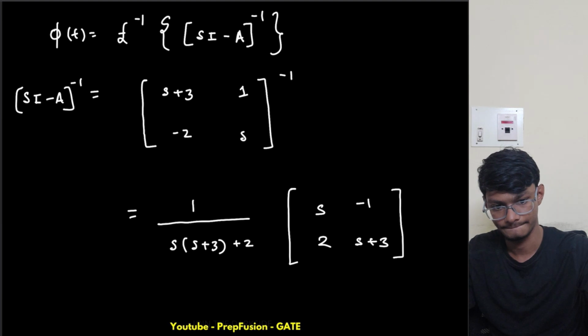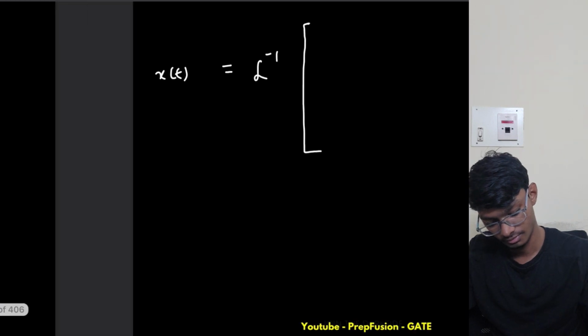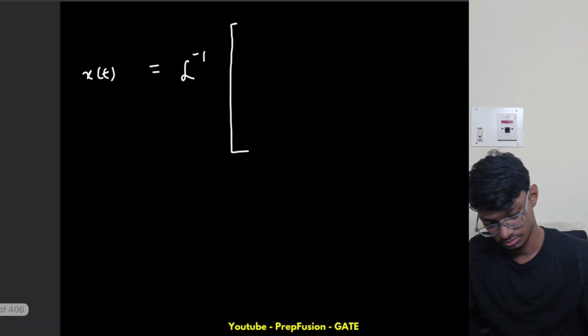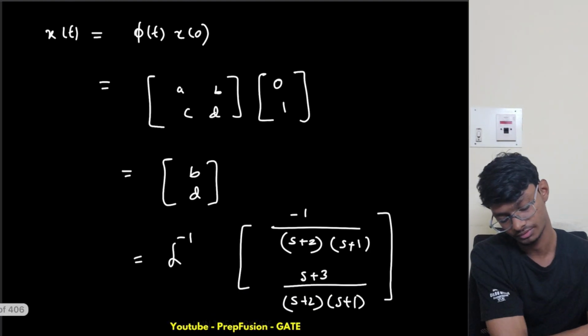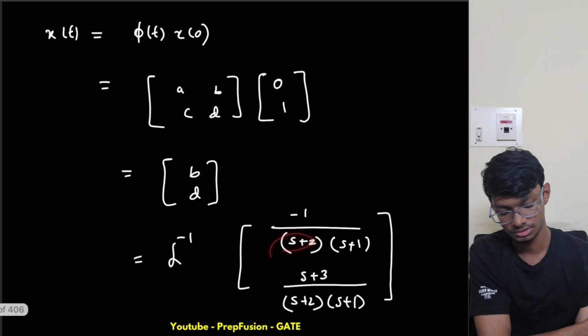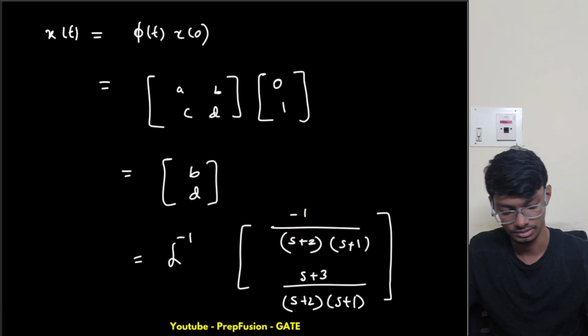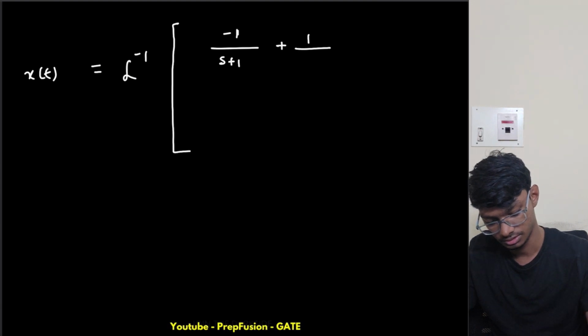Okay, now let me put S equals to minus 1 over here. This will be S plus 1, and if I put S equals to minus 2, this is minus 1 and this is also minus 1. So this becomes 1 plus S plus 2, right?